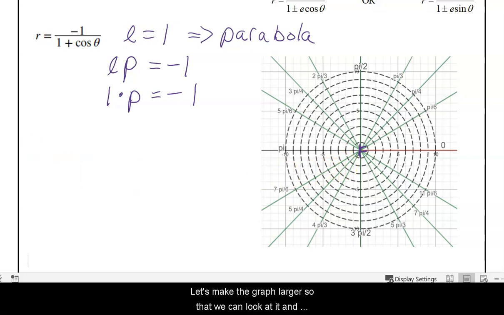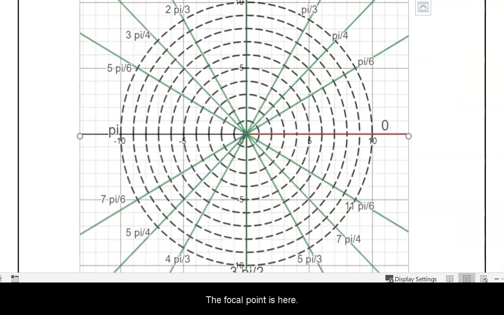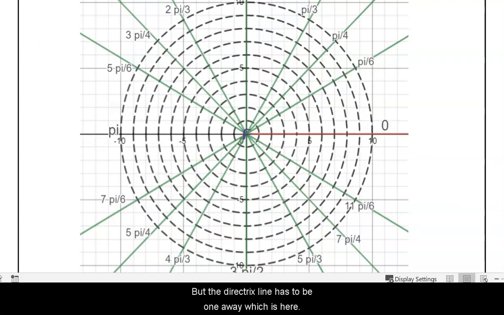Let's make the graph larger so that we can look at it. The focal point is here, but the directrix line has to be 1 away, which is here. But I know that in fact, the directrix line has to be to the left, which means that the directrix line has to be going this way.